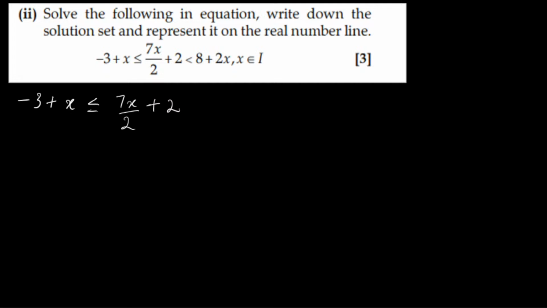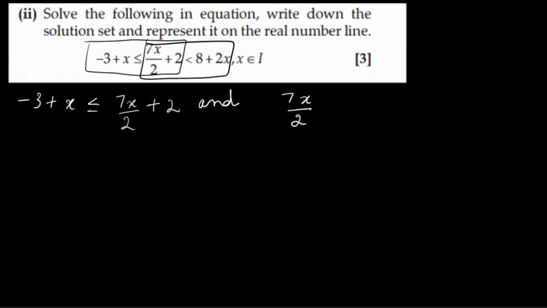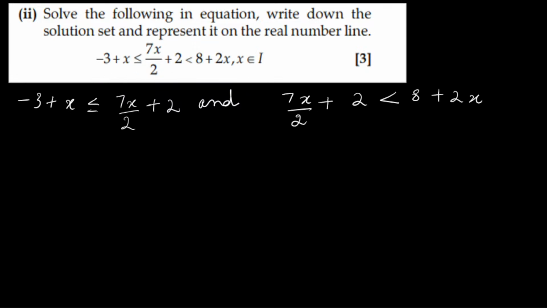This is one part. Then the second is 7x by 2 plus 2 less than 8 plus 2x. So two inequations which we have to solve, I have written separately.